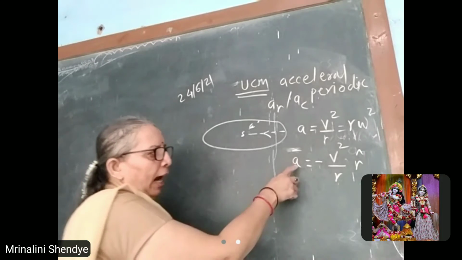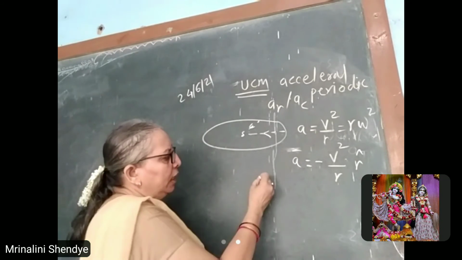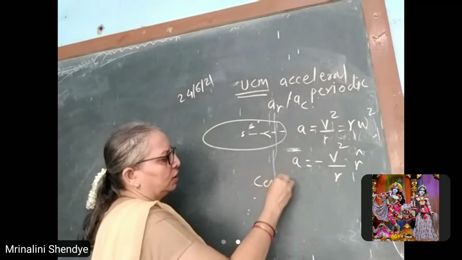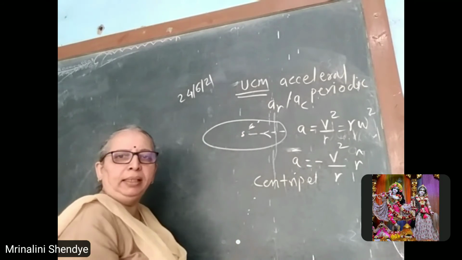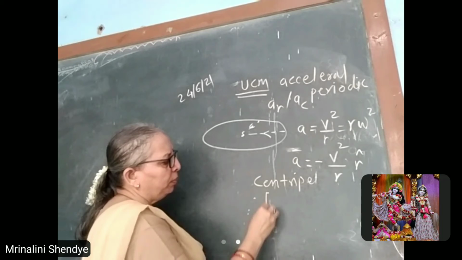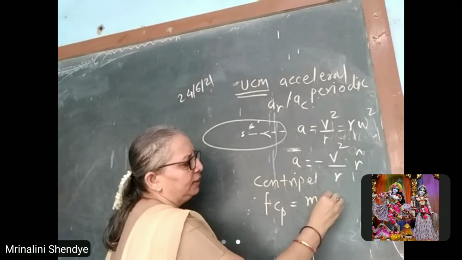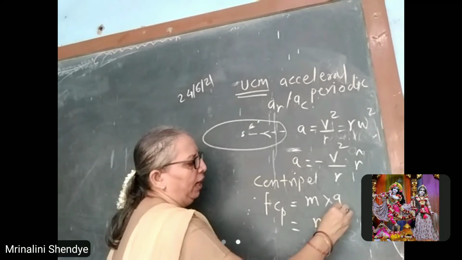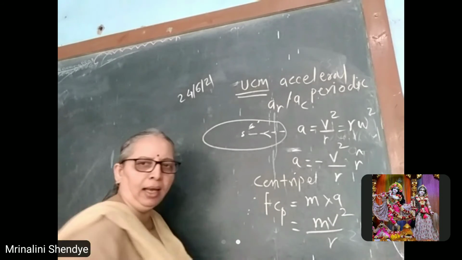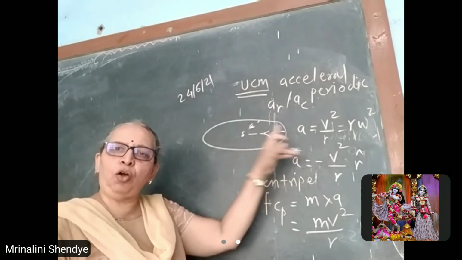So acceleration is there means what? Indirectly we can say some centripetal force is acting on this particle, and the magnitude of this centripetal force we can find with the basic formula m into a, that is m v square divided by r. Direction of force is in the direction of acceleration.